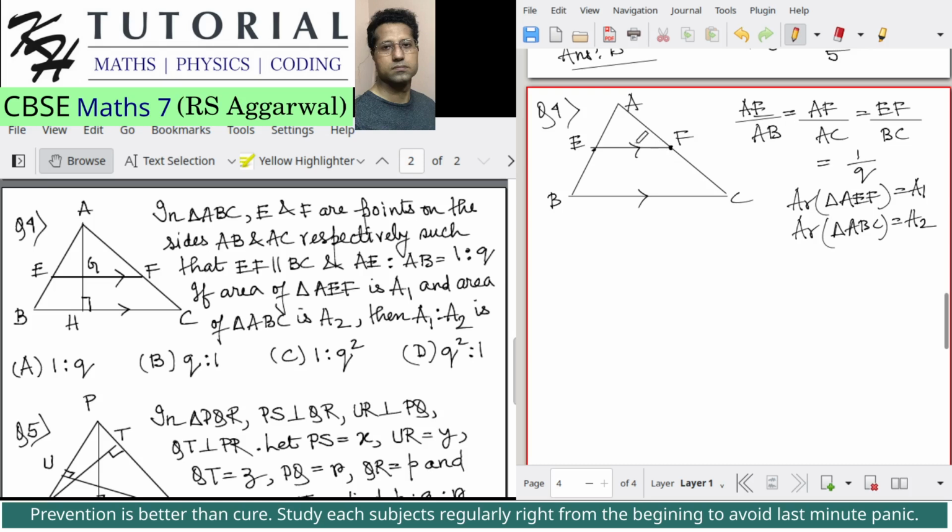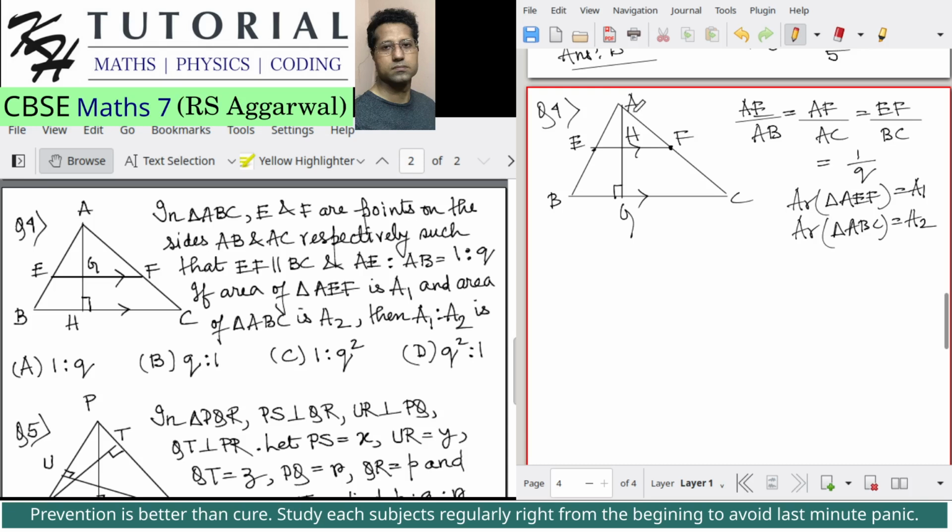Conversely, if EF is parallel to BC, then E and F divide AB and AC proportionally. That is, AE by AB will be equal to AF by AC. Now, let's say I draw a perpendicular from the vertex A on the side BC. Let's say this is AG, and this perpendicular intersects the line segment EF at H.